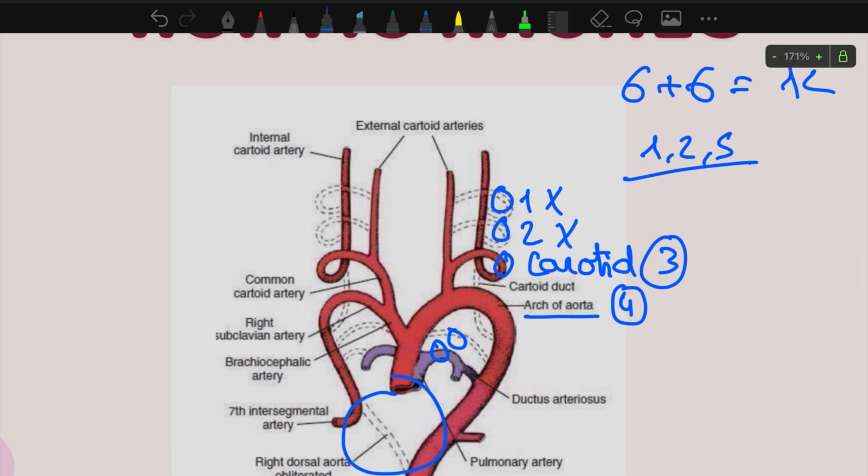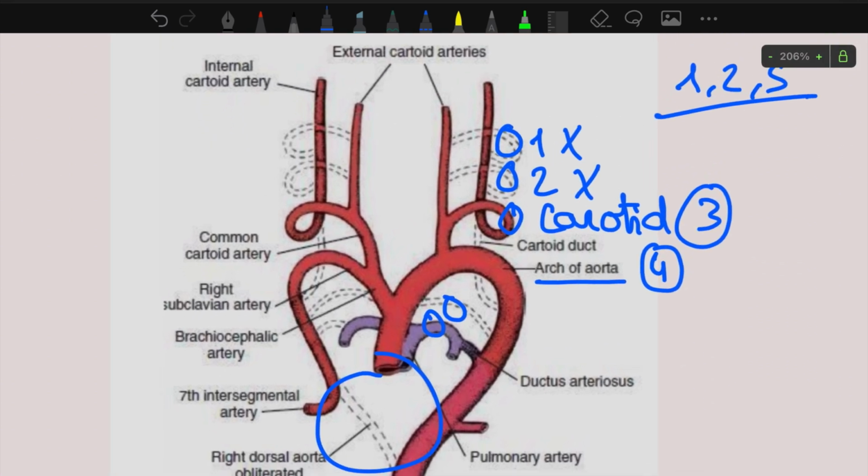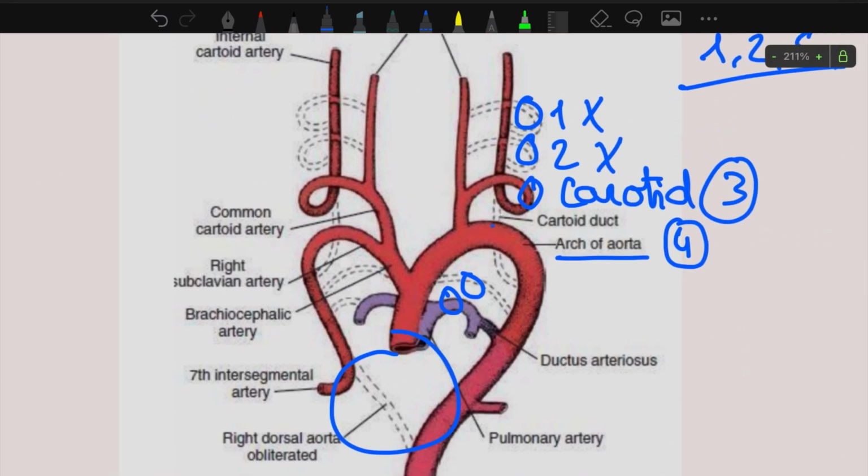But there are some details that you have to know and that are really important. As we all know, we have only one arch of aorta. We don't have two. If you focus, there is a right one and a left one, so a left aortic arch and a right aortic arch for the fourth one.